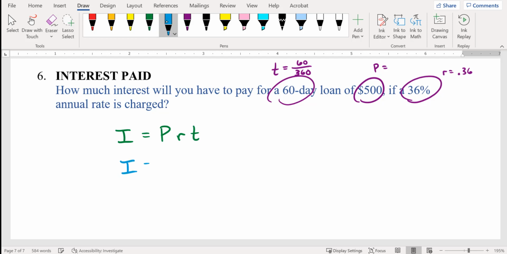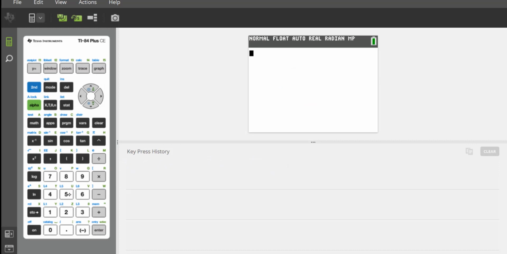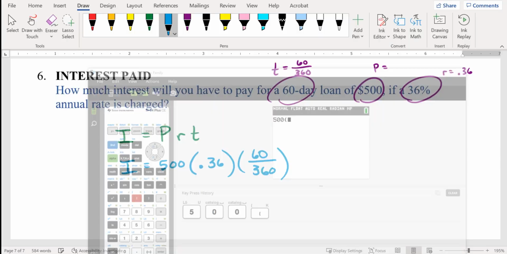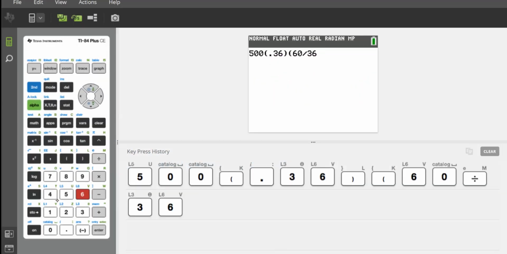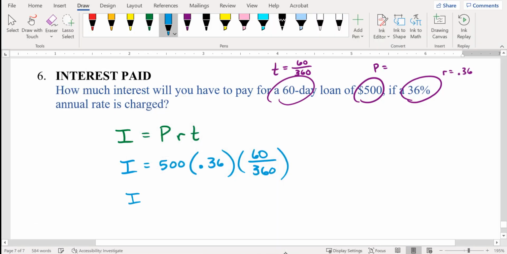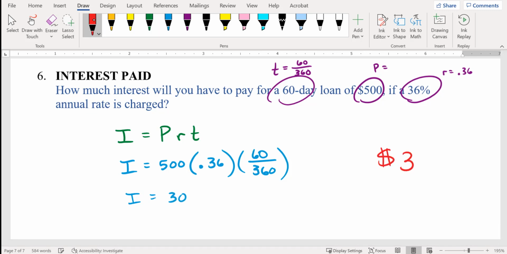So your interest will be 500 times 0.36 times 60 over 360. I get $30. The interest paid on that loan would be $30. That's it for this section.